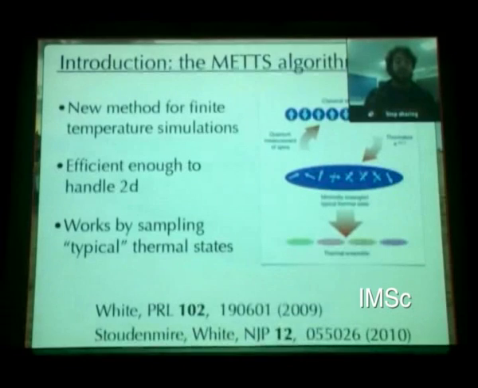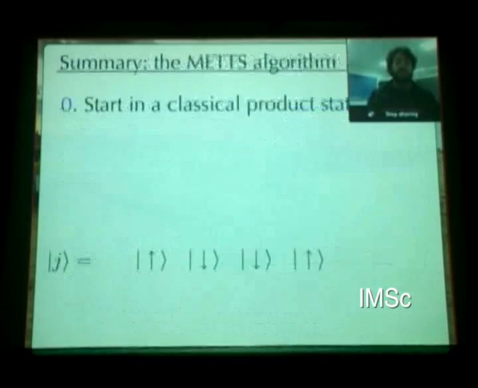It works as a sampling method, a type of Monte Carlo method, but one that does not have a sign problem. It samples finite temperature states that we call typical thermal states. This method is described in detail in these two articles below, and these slides will be posted, so you can take down these citations later.